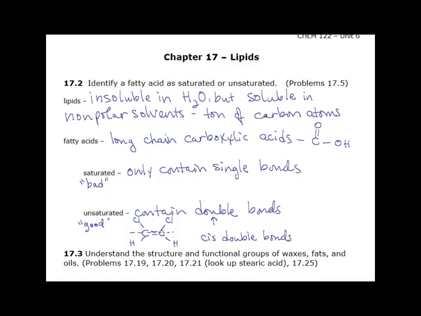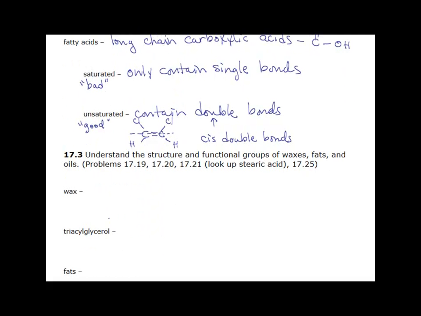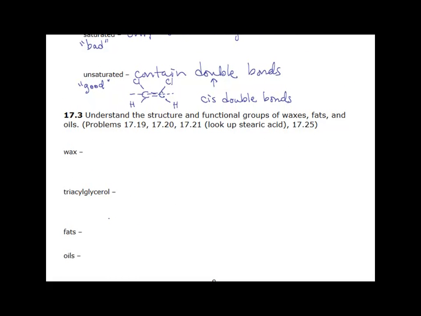All right, we're going to talk about the functional groups in waxes, fats, and oils. A wax, if you think about leaves and it rains and you can see droplets of water very distinctly, or on any plants or fruits, they have a wax coating, and the wax coating is an ester functional group.